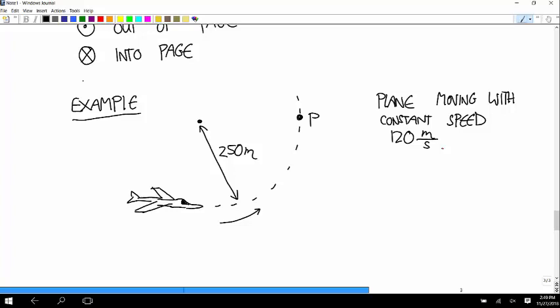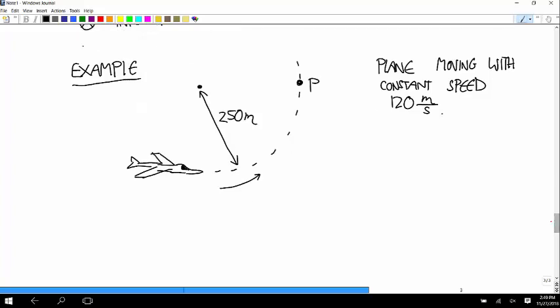And we want to calculate three things. So first, at point P, what's the acceleration? I mean, everything's accelerating together, but we're going to do all these analyses with the pilot as the chosen body. So what's the acceleration of the pilot?